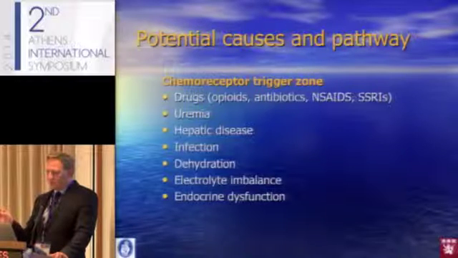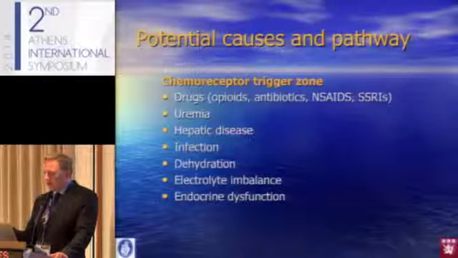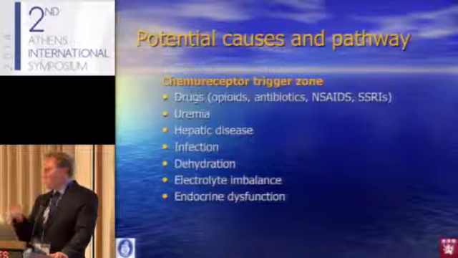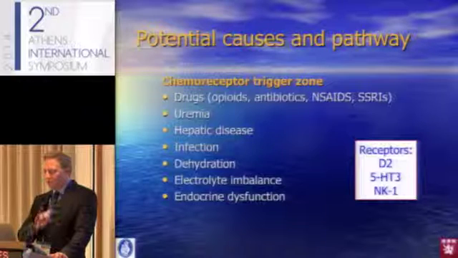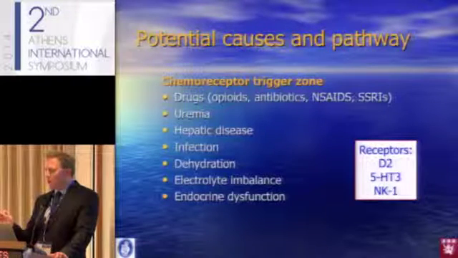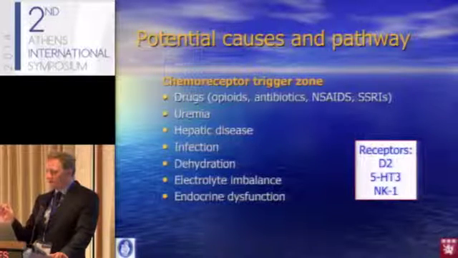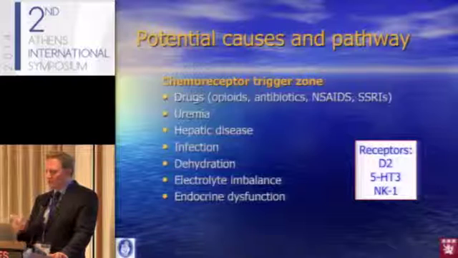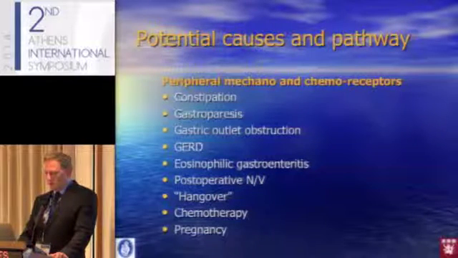The chemoreceptor trigger zone is also affected by uremia, hepatic disease, infection, dehydration, electrolyte imbalances, or endocrine dysfunctions. All these diseases primarily, but not only, affect the chemoreceptor trigger zone. And the receptors that are important here are dopamine type 2 receptors, 5-hydroxytryptamine type 3 receptors, or serotonin type 3 receptors, and NK1 receptors, neurokinin 1 receptors. And there are drugs to address all these 3 receptors, which I'm going to discuss in a little bit.